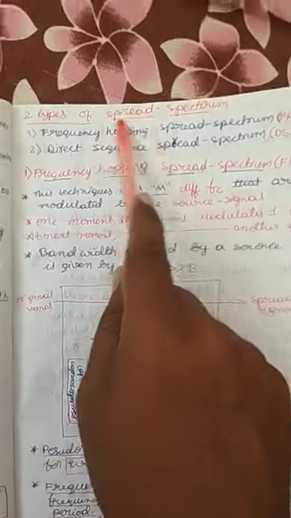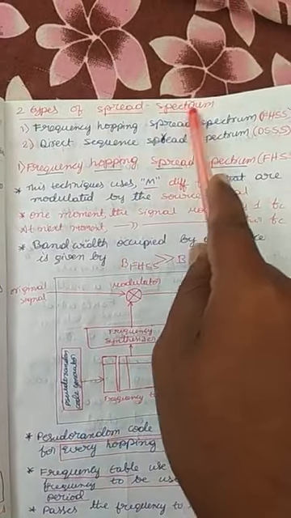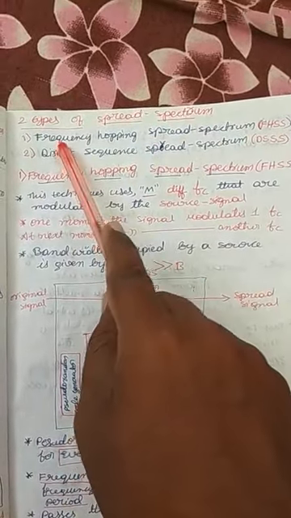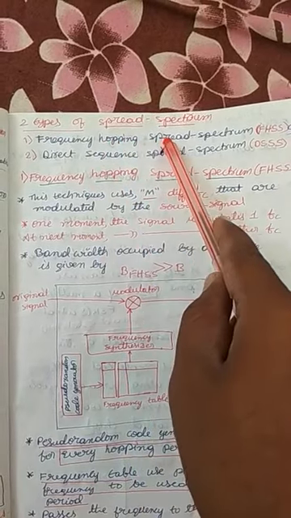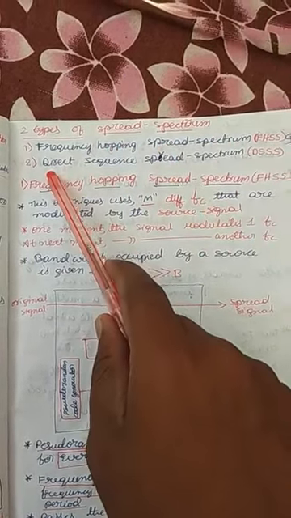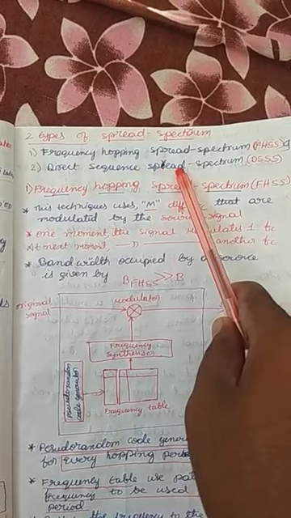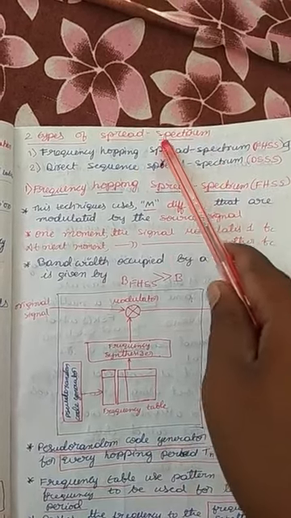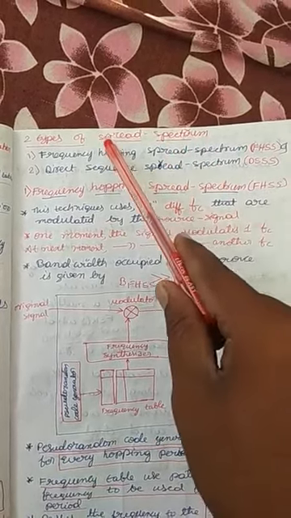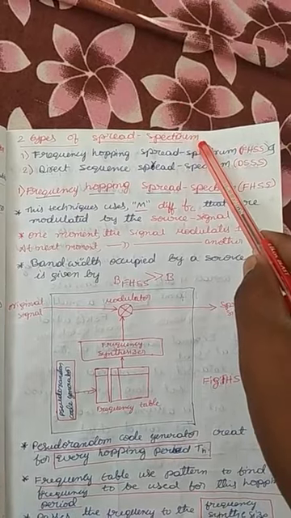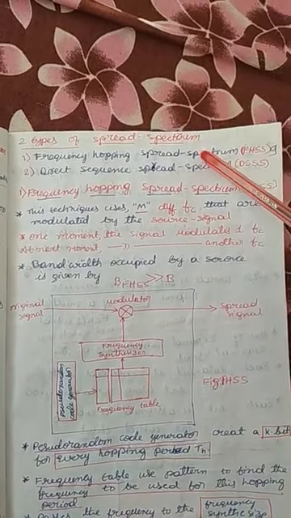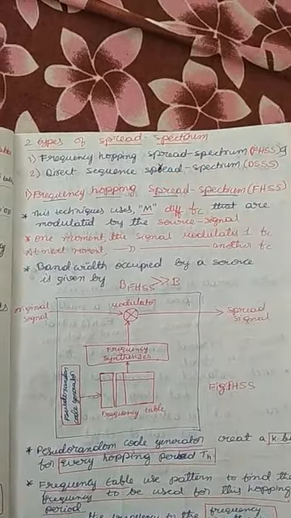Next, there are two types of spread spectrum: frequency hopping spread spectrum and direct sequence spread spectrum. We'll discuss them one by one.